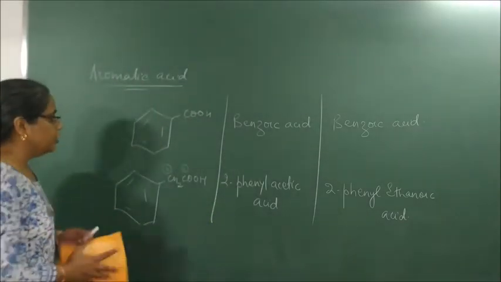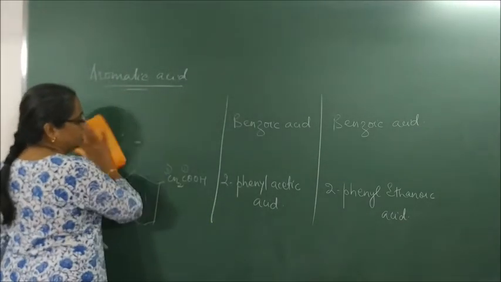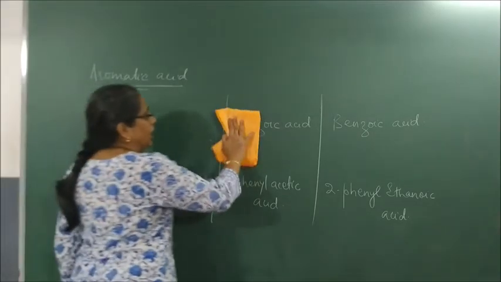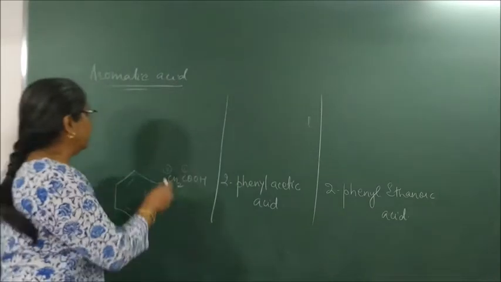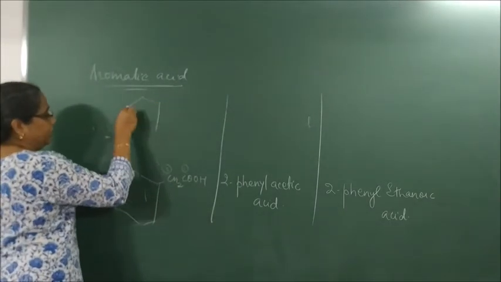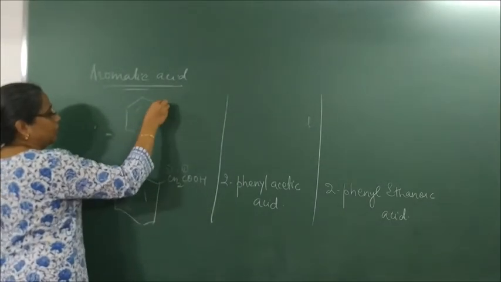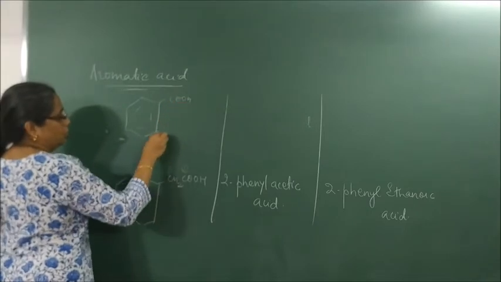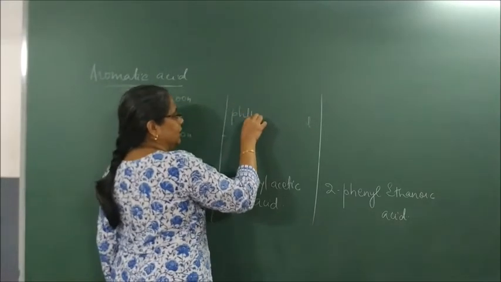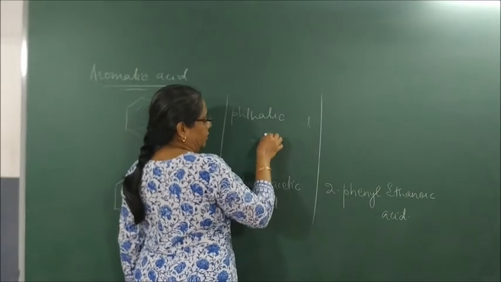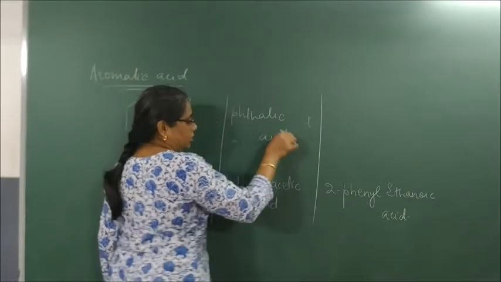Then we have used this dicarboxylic acid multiple times as phthalic acid and terephthalic acid. So we have this compound with COOH groups. This is called commonly as what?